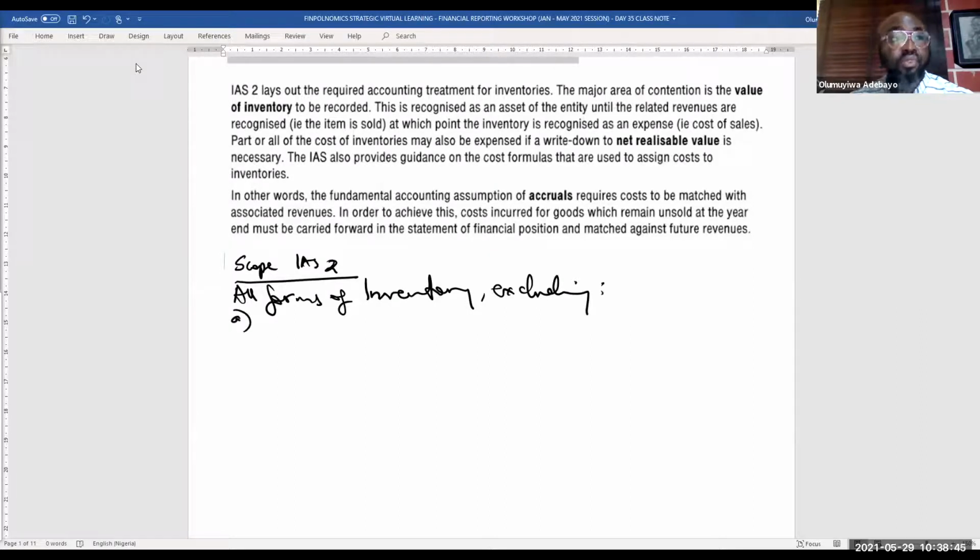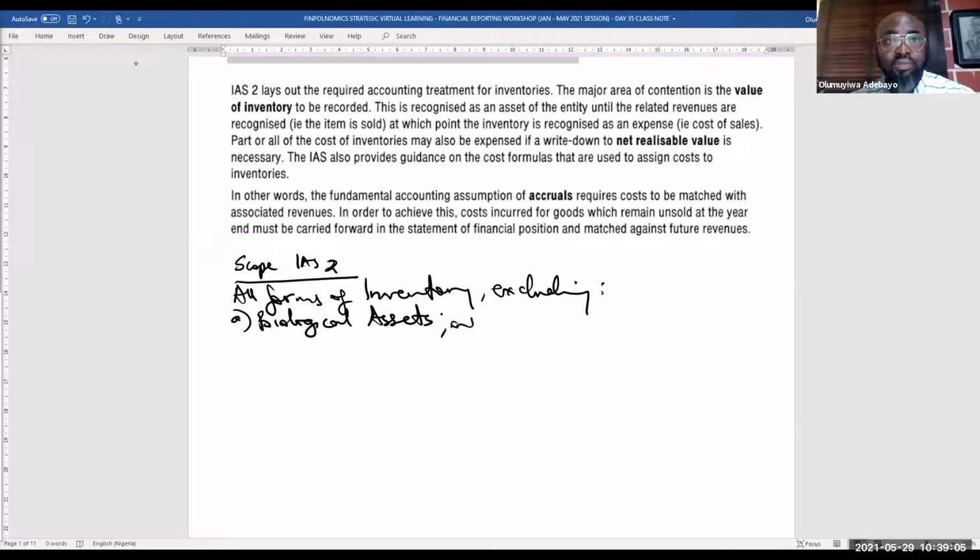One, biological assets. In our next session, we'll discuss biological assets and why they are somewhat scoped out of IAS 2.